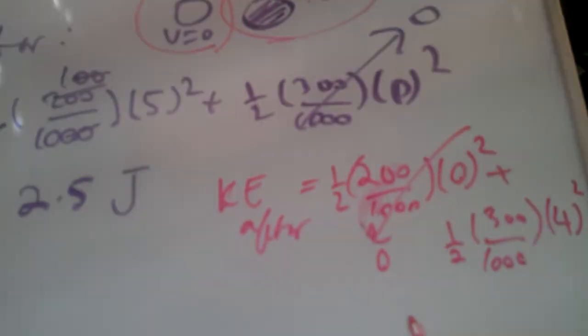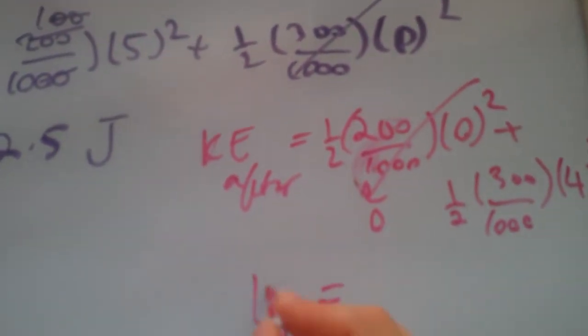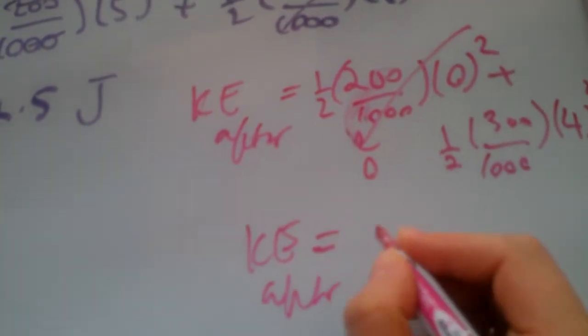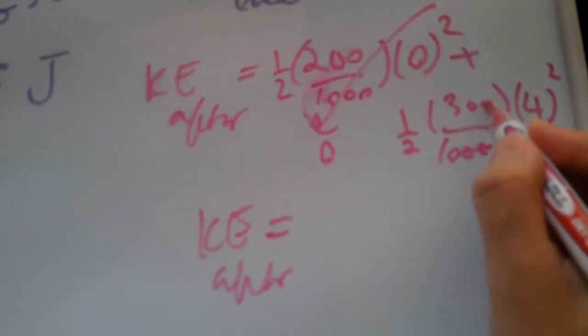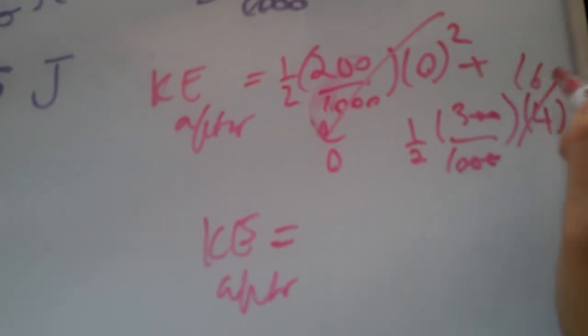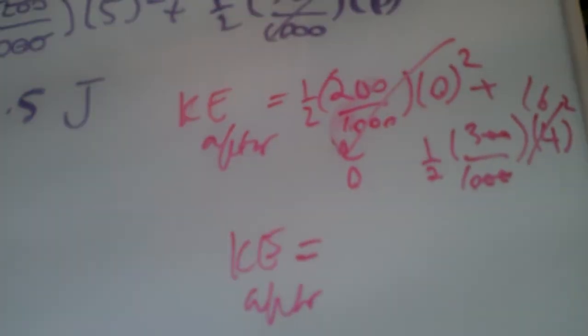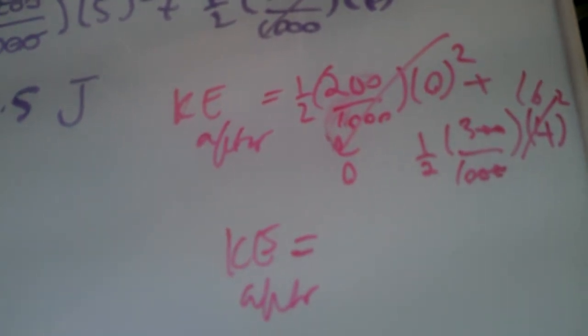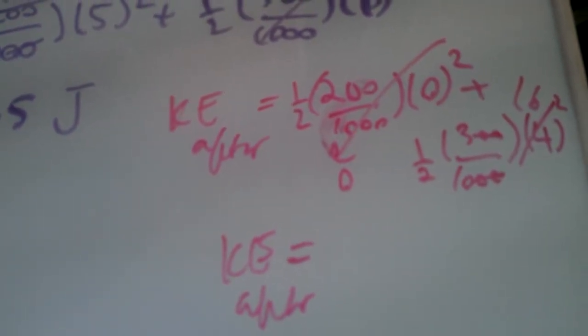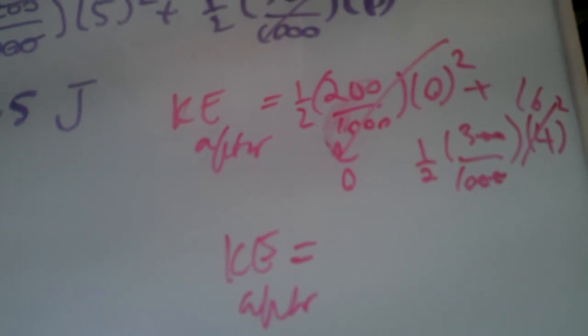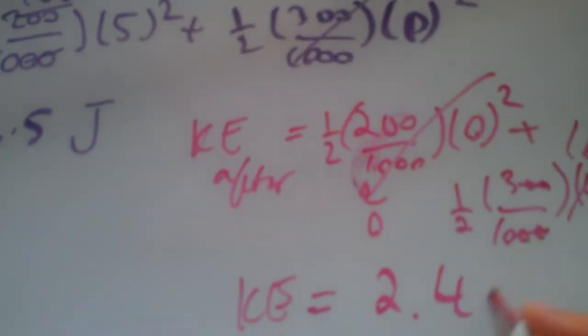And I end up with the kinetic energy afterwards being 16 times 3 divided by 20, that's 2.4 joules.